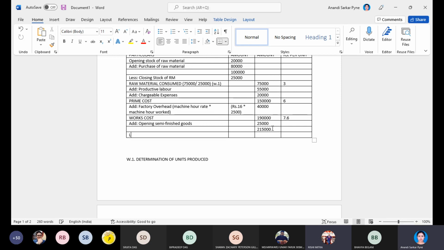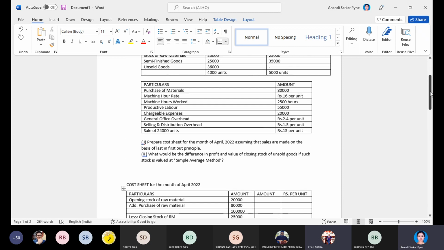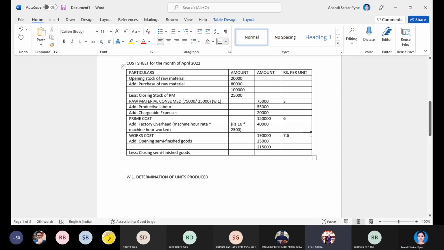We will deduct closing semi-finished goods 35,000. So that is 1 lakh 80.